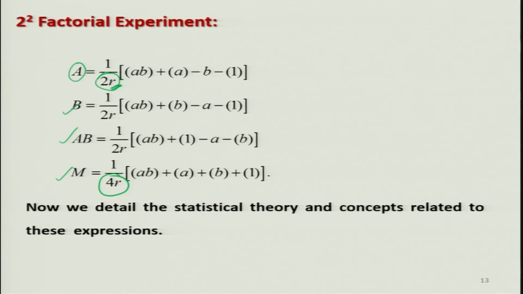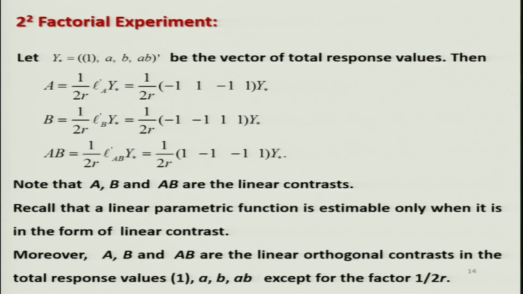But surely we will try to look at this in a more scientific way using the concept of linear estimation. Right, and now we try to do it. We try to understand what is the statistical theory and concept related to these expressions. And I am promising you, you will know each and everything.